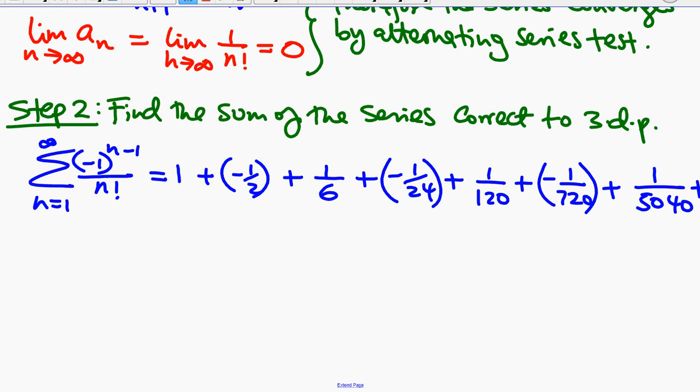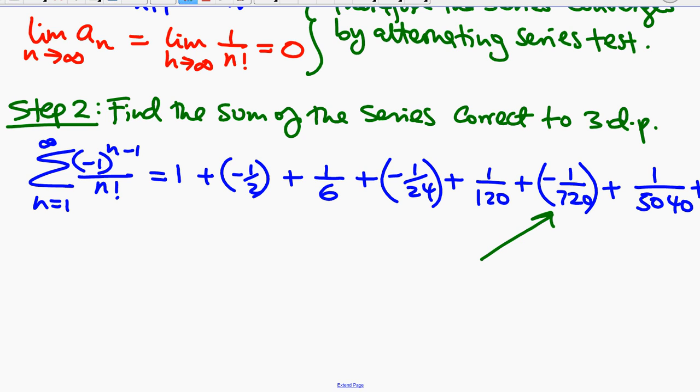And this goes on and on. Now remember what we said, that the absolute value of the remainder is less than the first neglected term. So we want to find the first neglected term so that the error involved is small enough that the sum we find will be correct to 3 decimal places. Let's try by inspection to find the value of this. Just plug that in your calculator.